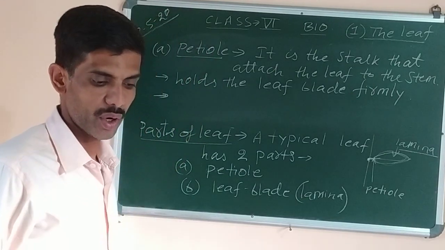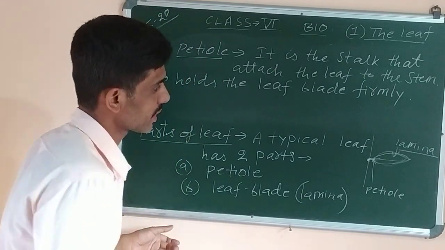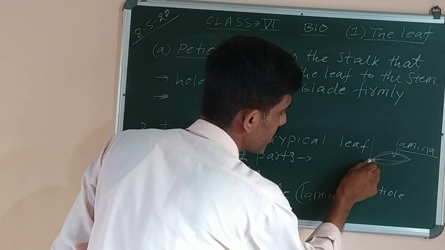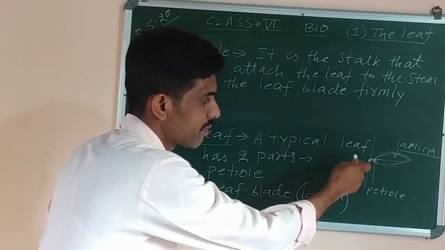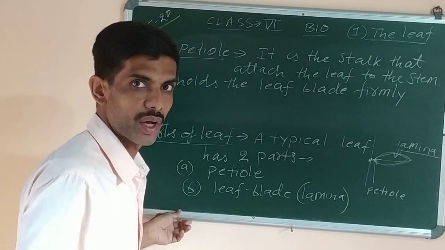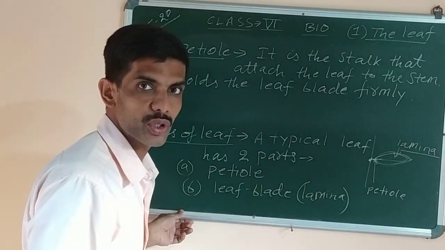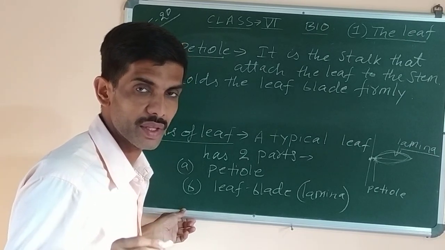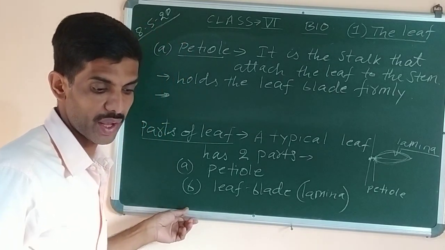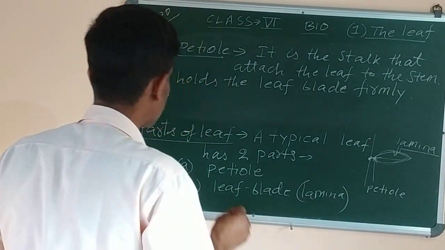One word is there, like this part of the petiole which is attached to the stem near this node, it is called leaf base. So what is the definition of leaf base? Leaf base is part of the petiole that is attached to the stem.